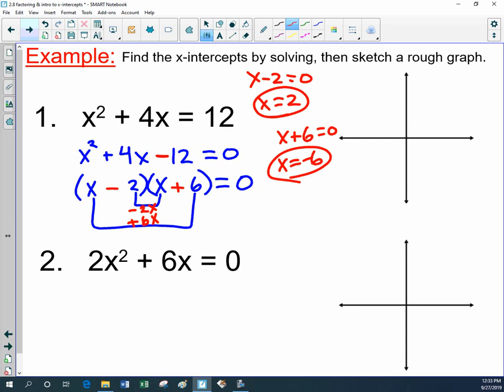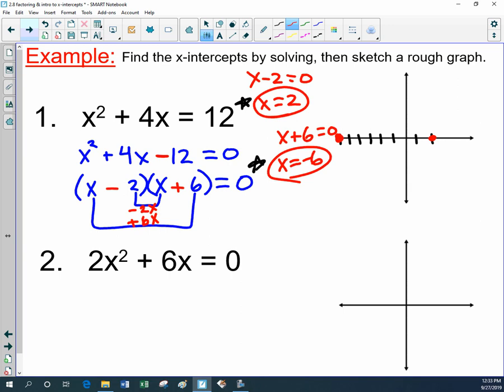All right, so once you find your solutions, this is how you're going to do your rough graph here. On the x-axis, you're going to put a point for each of these solutions. So your solutions, or your roots, are at 2 and negative 6.